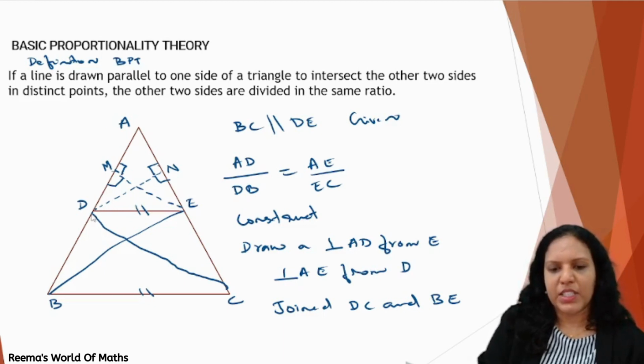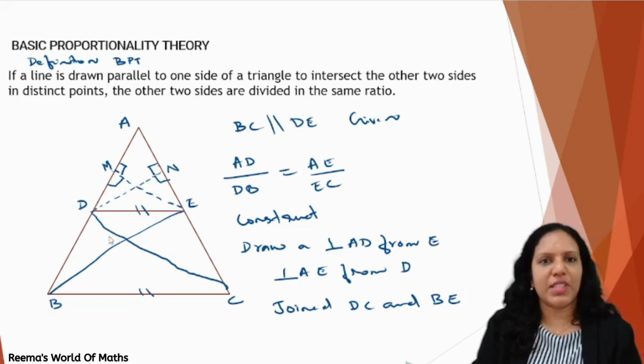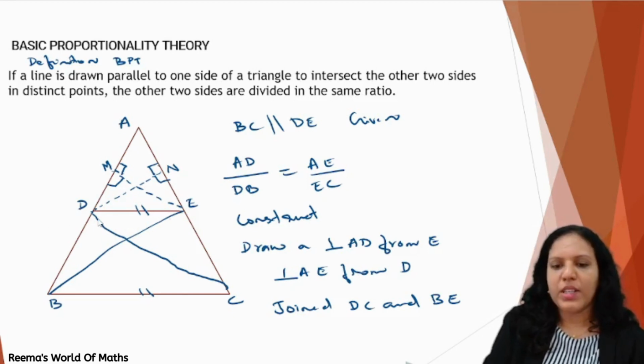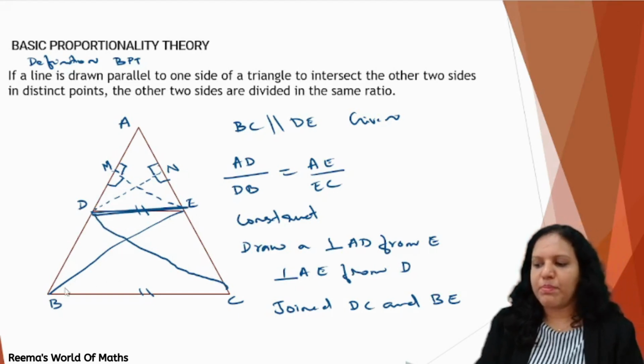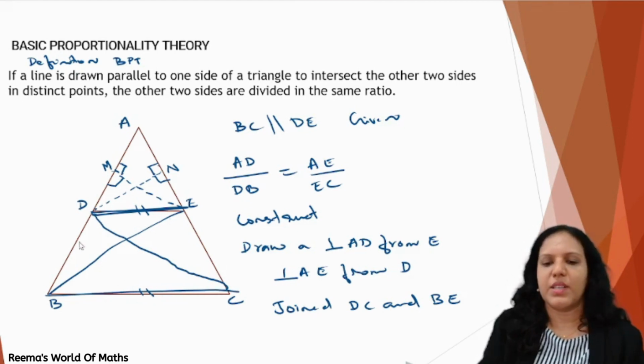So triangle DBE and ECD. We have learned in our previous classes that two triangles on the same base, the base is here the same, between the parallel lines, and BC is parallel to DE, which is given in the question.